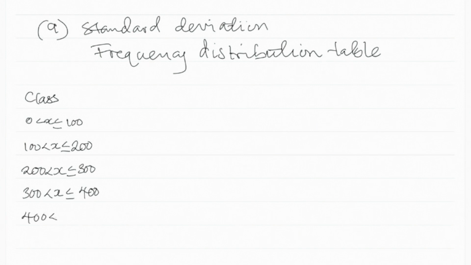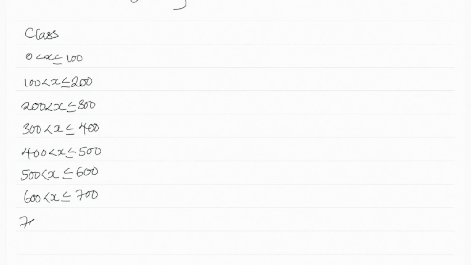Then 400 less than x less than or equal to 500, 500 less than x less than or equal to 600, then 600 less than x less than or equal to 700, and finally 700 less than x less than or equal to 800.